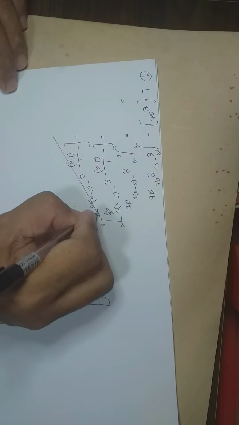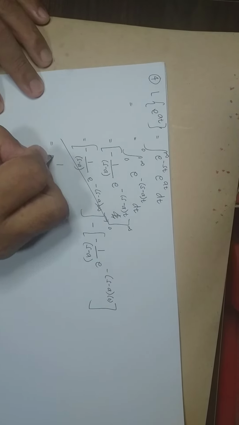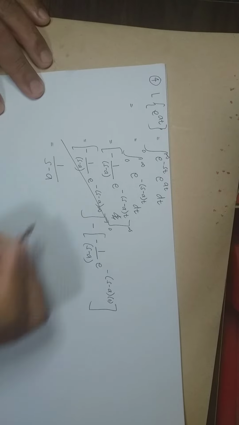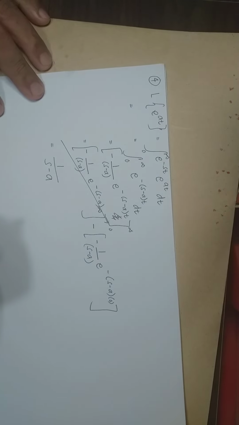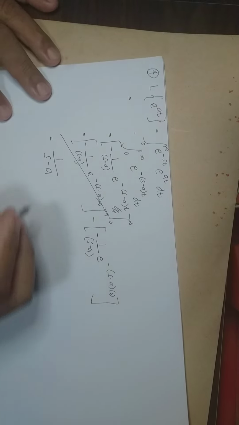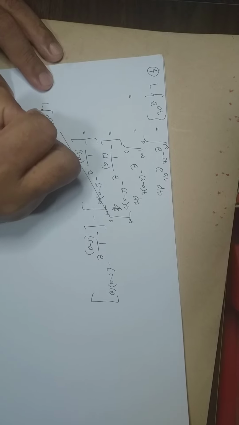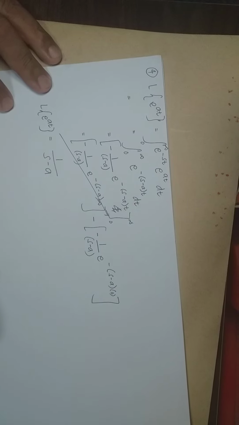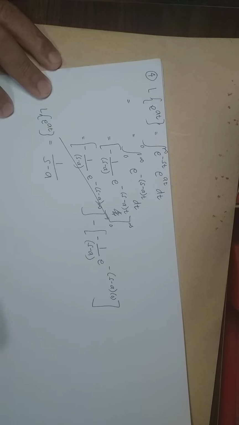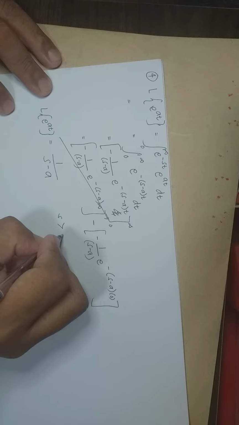Again, this approaches 0, and we have 1 over s minus a e to the 0 is 1. So what is now the equation? The Laplace transform of e raised to at is equal to 1 over s minus a, where s is greater than a.